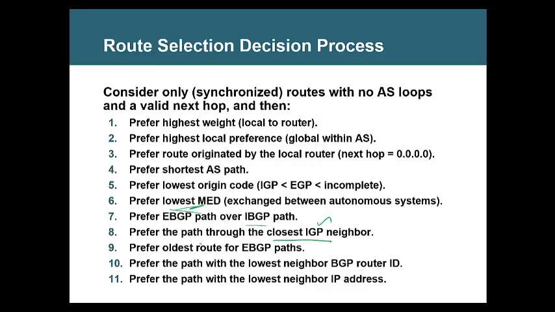Next, what if I don't have IBGP, I have both EBGP? Then see which EBGP gave you the route in the beginning, earliest, oldest. Go through that EBGP which gave you first.